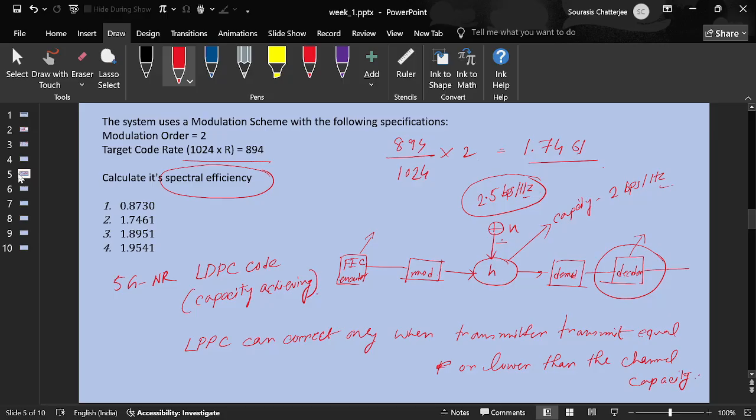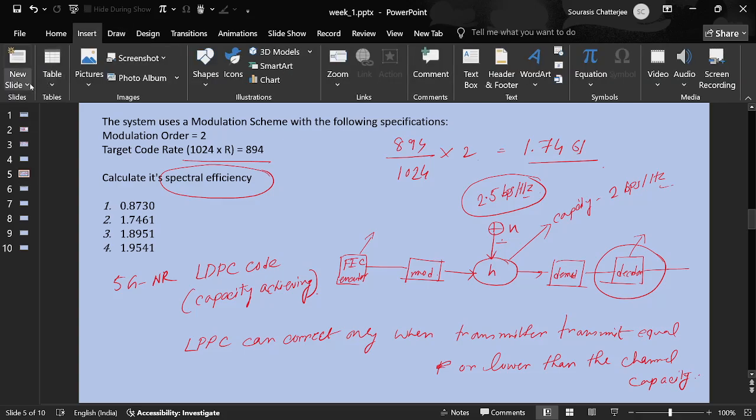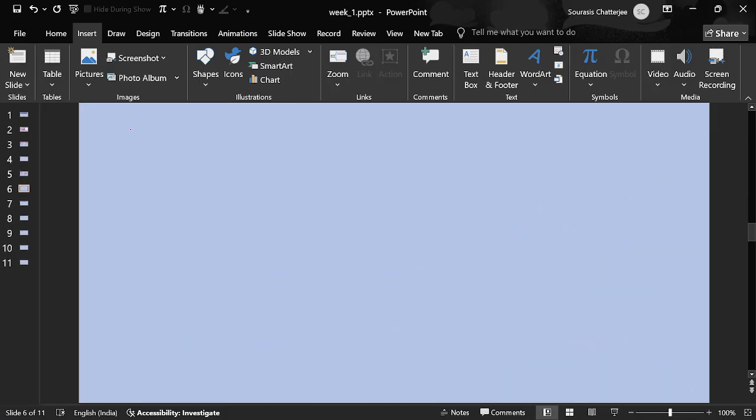So let's say at one instant the user is very close to the base station, and it tells the base station, okay, you transmit my information with the modulation scheme of 256 QAM. So let me reiterate the scenario. Let's say this is the base station, and this is your user.